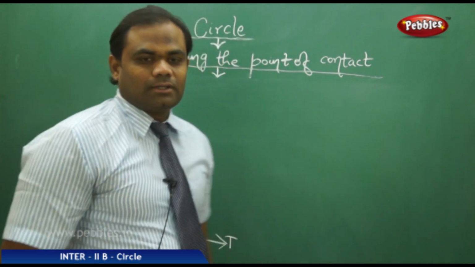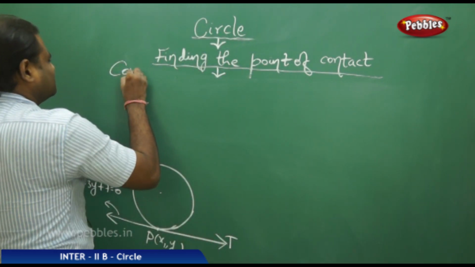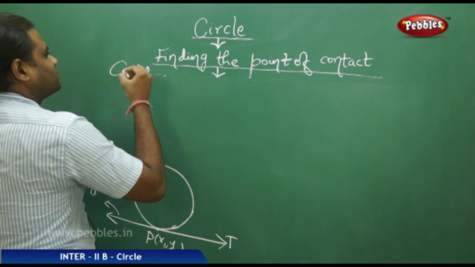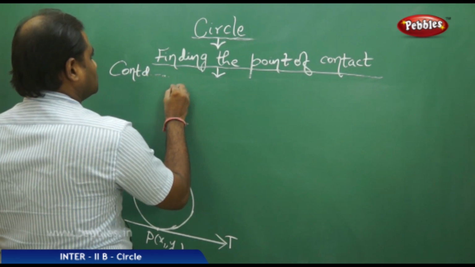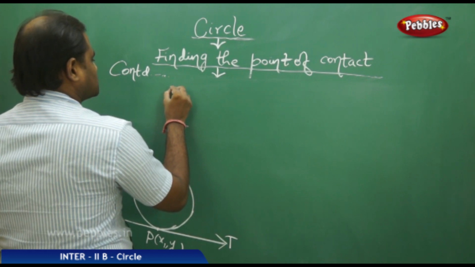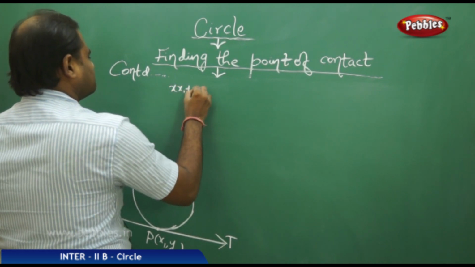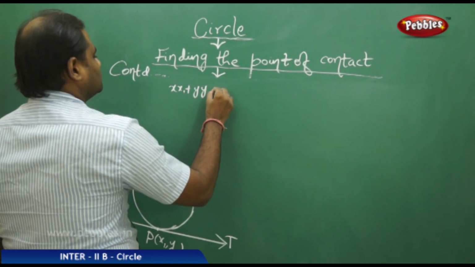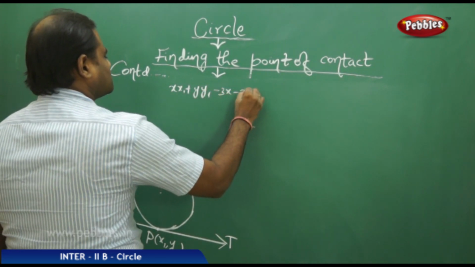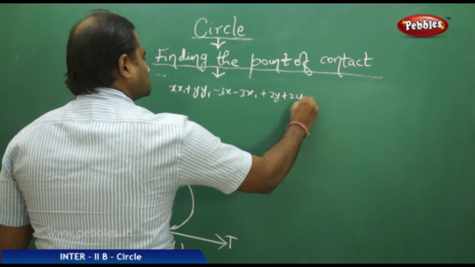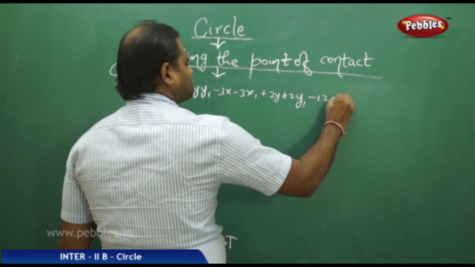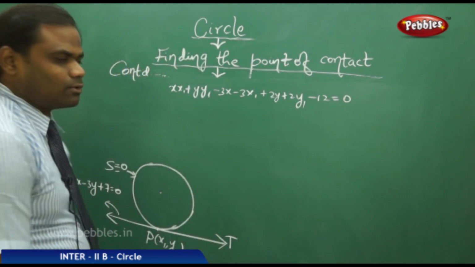Continuing from there, the equation of tangent reduces to xx1 plus yy1 minus 3x minus 3x1 plus 2y plus 2y1 minus 12 equal to 0.